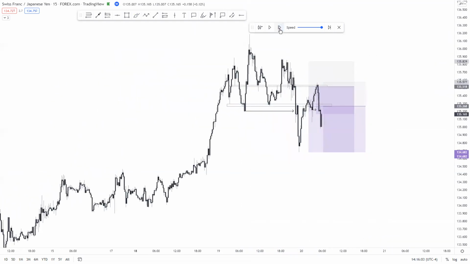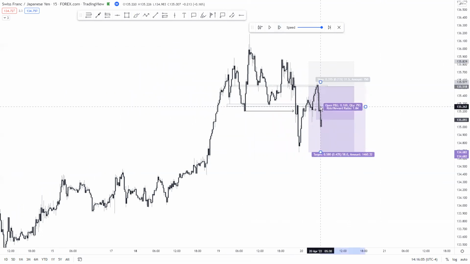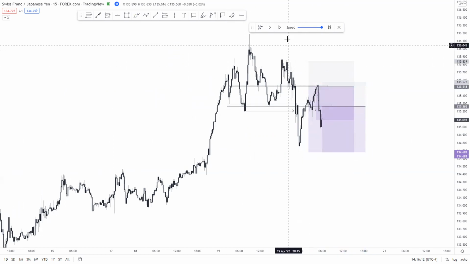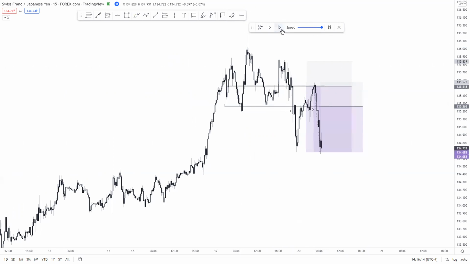But I'm just showing you guys this because you can 100% trade like this. And it's a nice way to really mix smart money with structure and retail methods that don't overcomplicate anything.